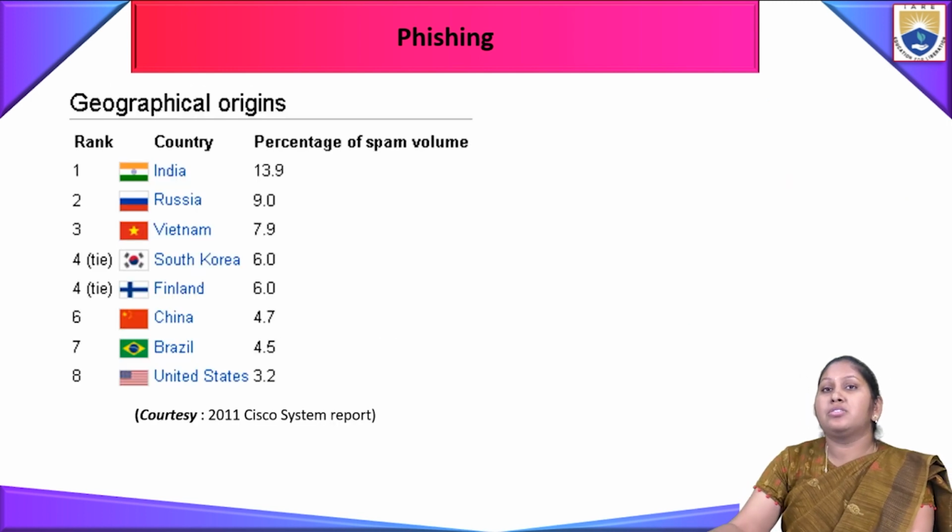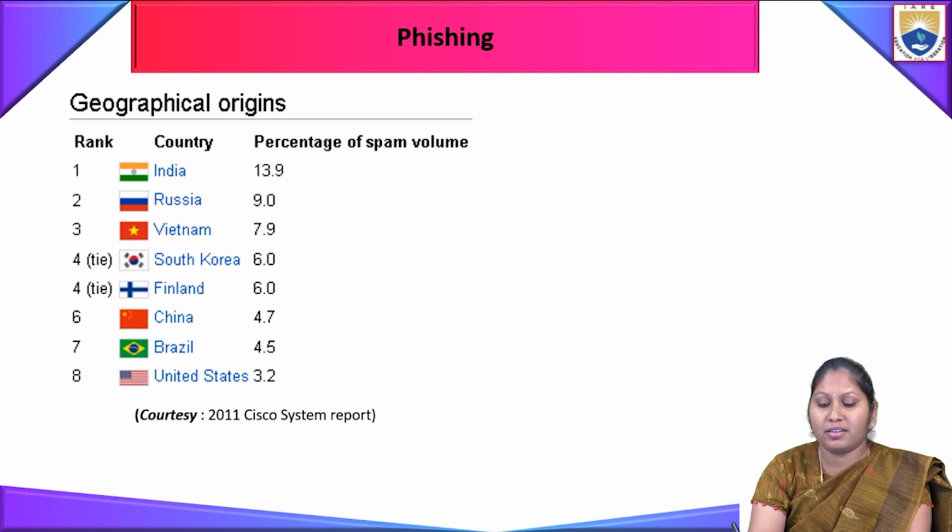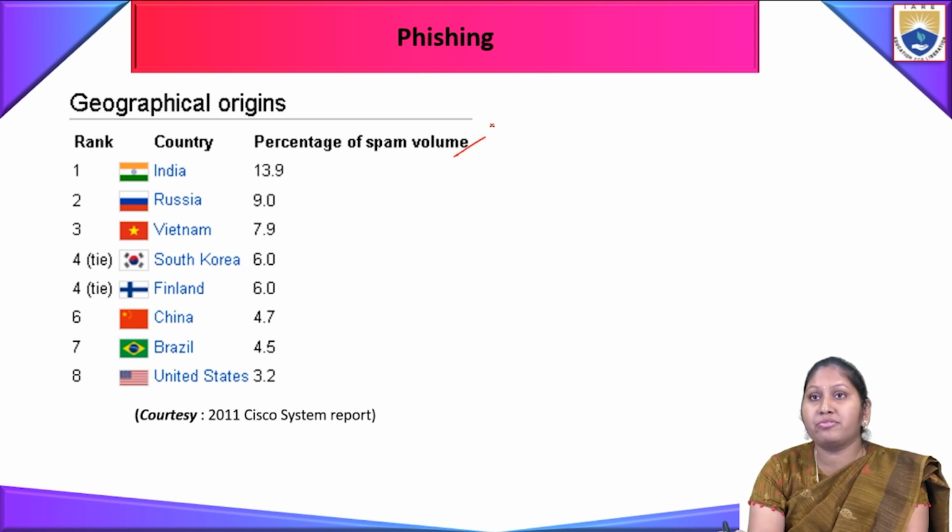And next one, here we have some general geographical origins. So what is the rank and percentage of spam volume? In India, 13.9% of attacks happened, in Russia 9.0, Vietnam 7.9, South Korea 6, Finland 6, China 4.7, Brazil 4.5, United States 3.2.